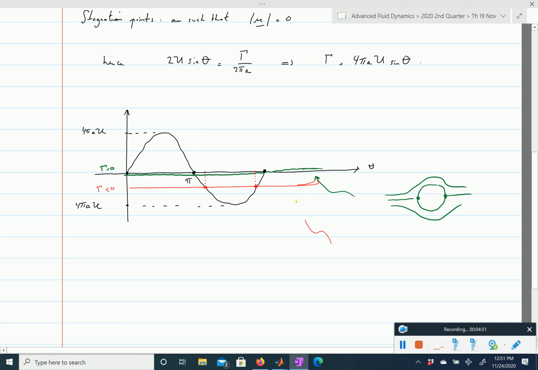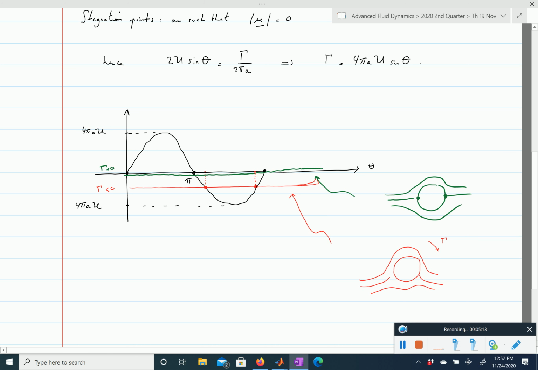So where are these stagnation points? Remember, we still have a cylinder, but now we added a slight negative circulation, and if you remember from the images, the streamlines started to look like this.